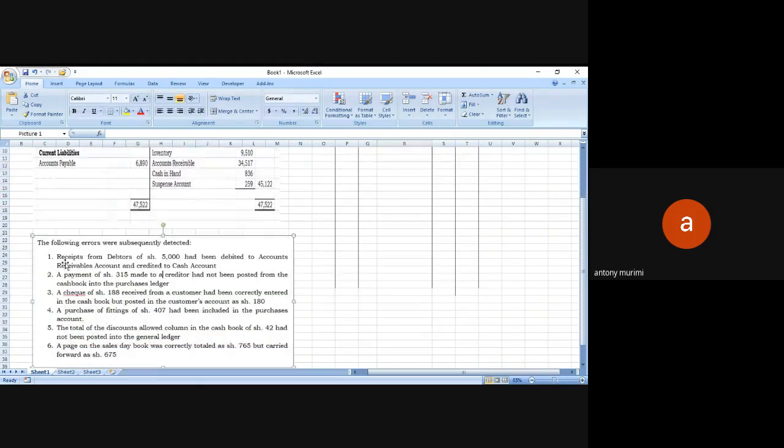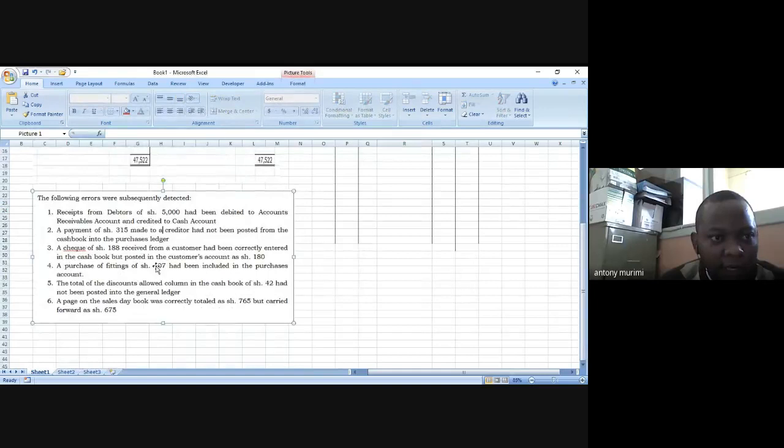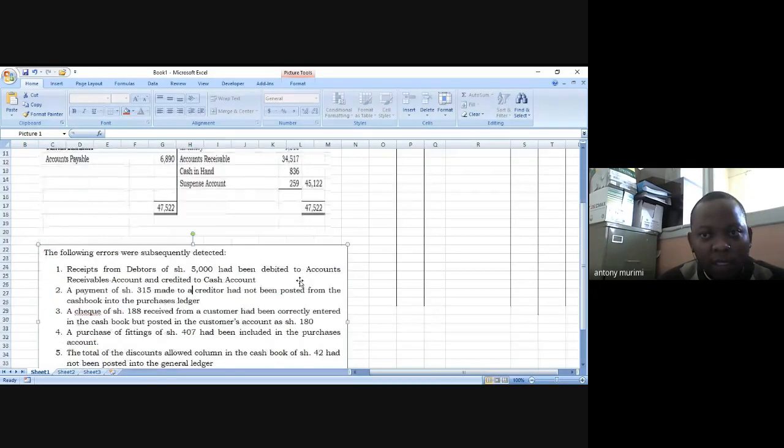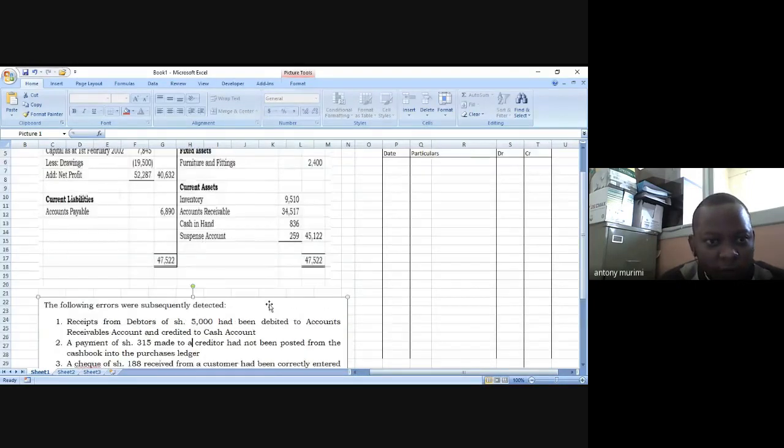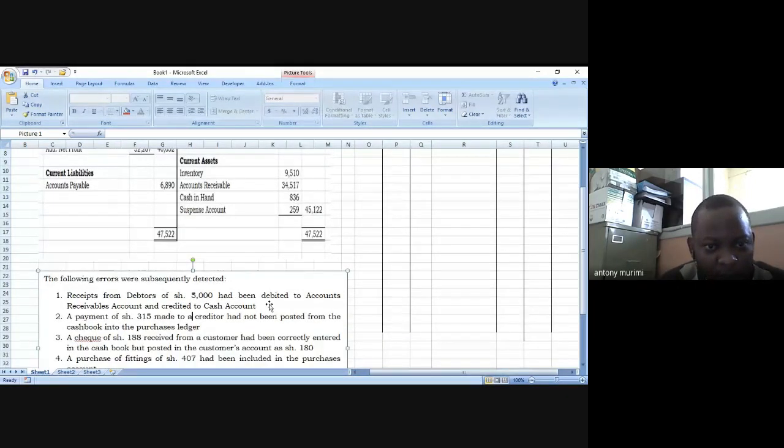So we have the first error. The first error, that is number 1. Receipts from debtors of 5,000 shillings had been debited to accounts receivable account and credited to cash account.